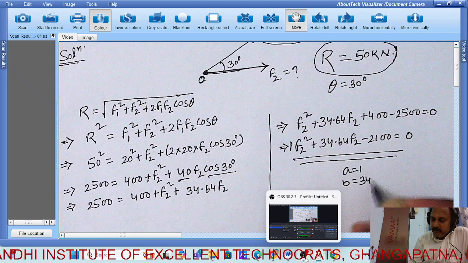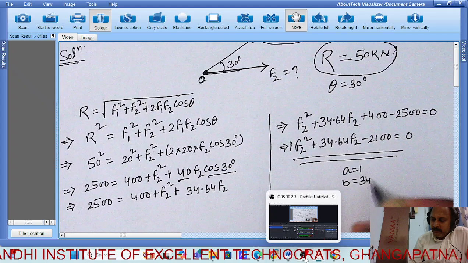In the same way, you input these values in the calculator. When we press calculate, you can see there are two values of x: one is 31.66 and the other is minus 66.30.